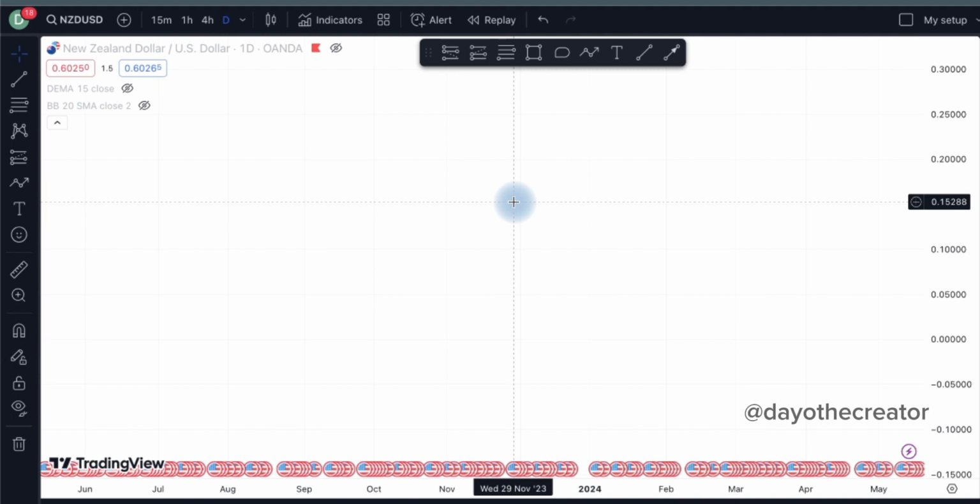Liquidity is just practically money. Liquidity is your money, the money the market takes from you. Liquidity is represented in different parts on the charts.